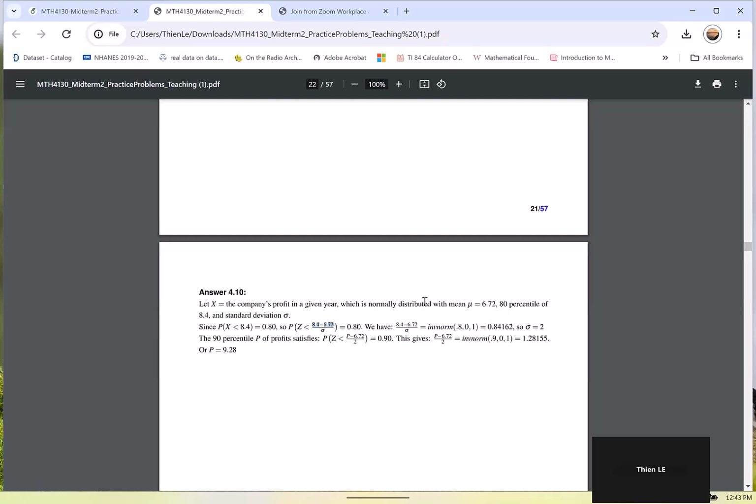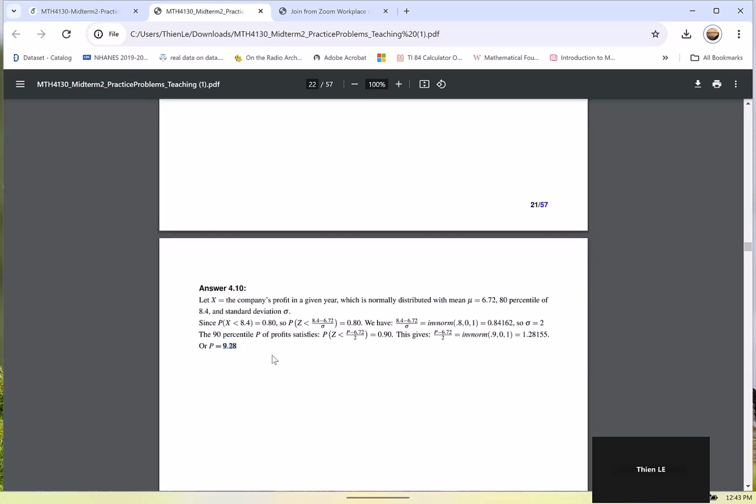And because sigma is 2, now you can find the 90th percentile easily. Okay, so here we translate it to the z-score, which is z less than the 90th percentile subtract the mean divided by the standard deviation we just calculated, equals 0.9. And again, this will be the inverse norm of 0.901, which is 1.28155, which gives us the 90th percentile value 9.82 or 28, okay?